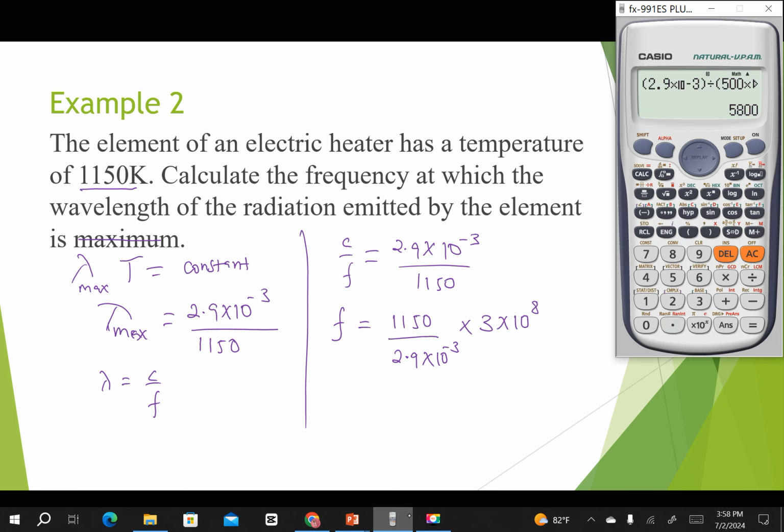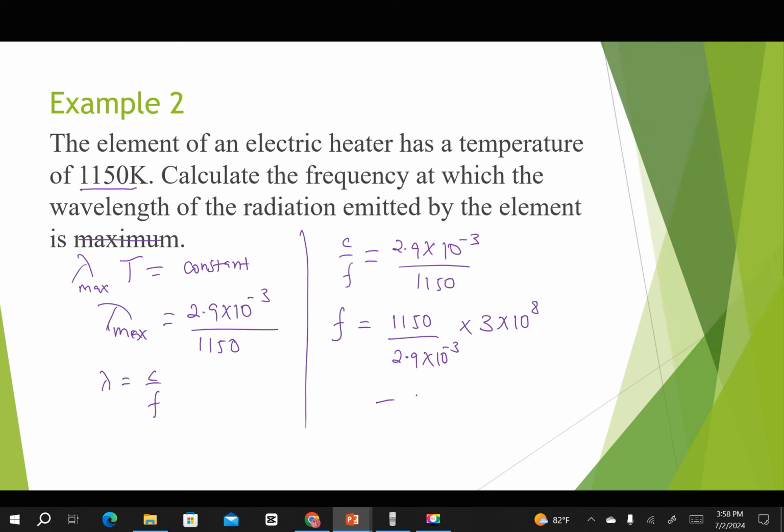Let me check this with my calculator: 1,150 times 3 exponent 8 divided by 2.9 exponent minus 3. This gives us a frequency of 1.2 times 10 to the power of 14.